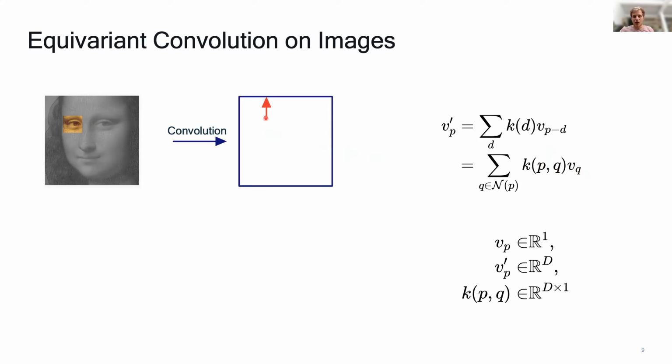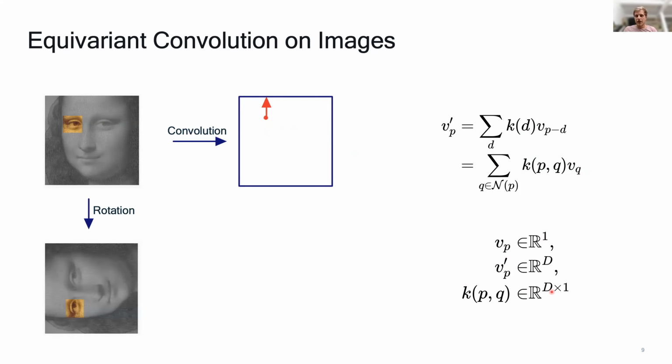And then at the output here, point P, we basically apply some message passing kernel on the input, aggregate them, and get the output here, this direction. In this case, if we would take one-dimensional inputs, in general, we could have d-dimensional output. So for all pairs P and Q, our weight kernel or message passing kernel is a d by 1 matrix.